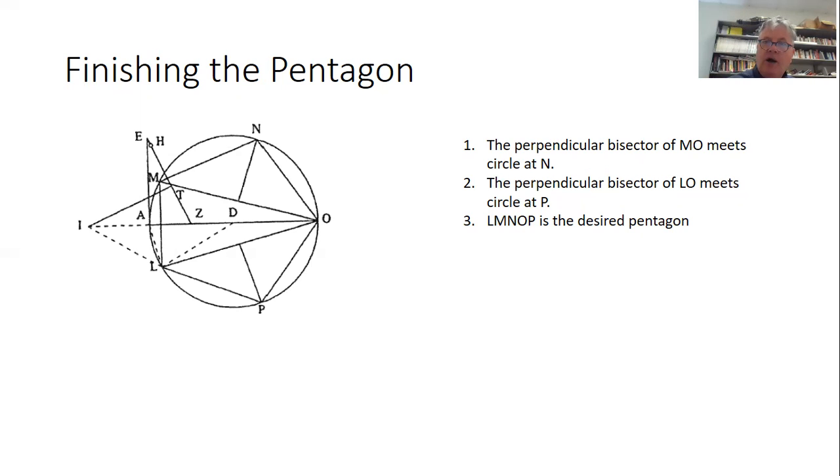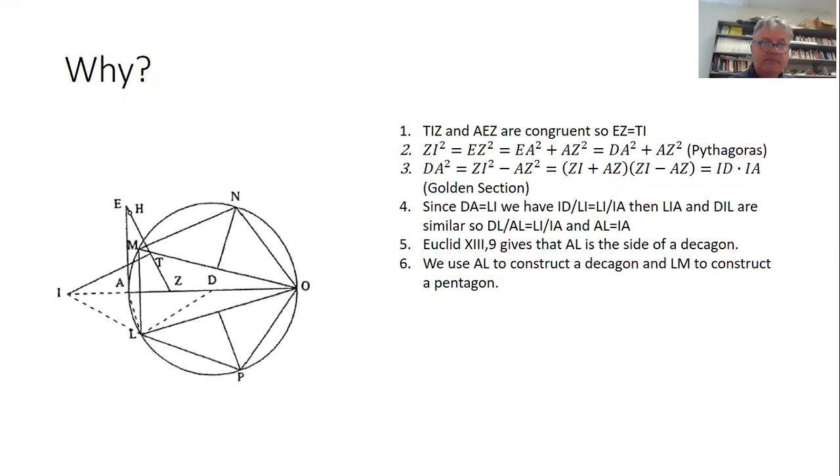Okay, why does this work? So we go back to our construction, and what we see is that we have very cleverly constructed some congruent triangles. So TIZ and AEZ are congruent triangles because we've got sides equal and they share the angle.